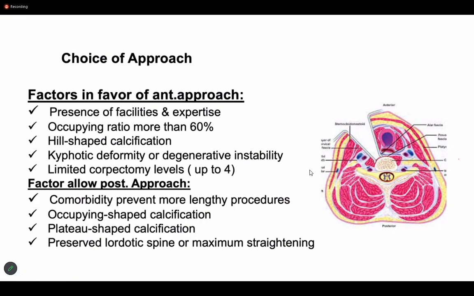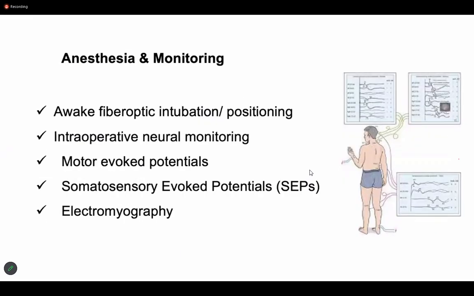And of course, preserved lordotic spine or maximum stenosis. Anesthesia is general anesthesia, with the patient intubated, and there are some machines to help the doctor to control during the operation.